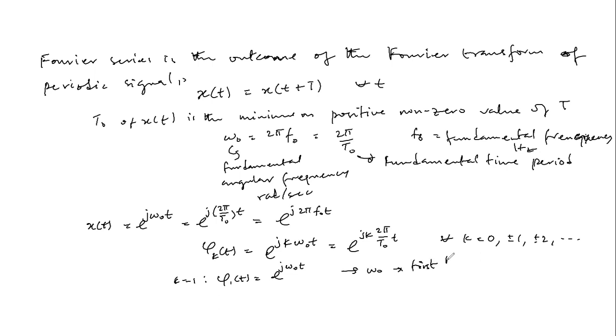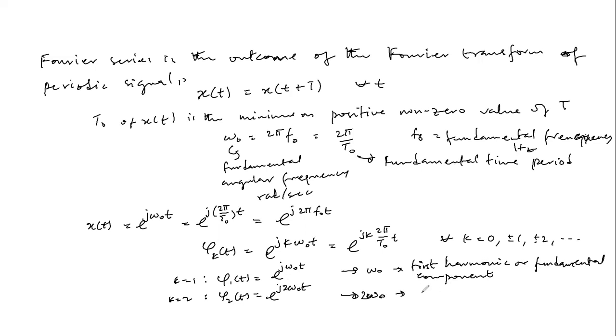So hence, each of the signals has a fundamental frequency that is an integral multiple of the fundamental frequency omega naught. That is, for k equal to 1, then phi 1 of t is the same as e^j 1 omega naught t, where omega naught is the first harmonic or fundamental constant. Okay? Then for k equal to 2, phi 2 of t is the same as e^j 2 omega naught t. And here, 2 omega naught is the second harmonic.